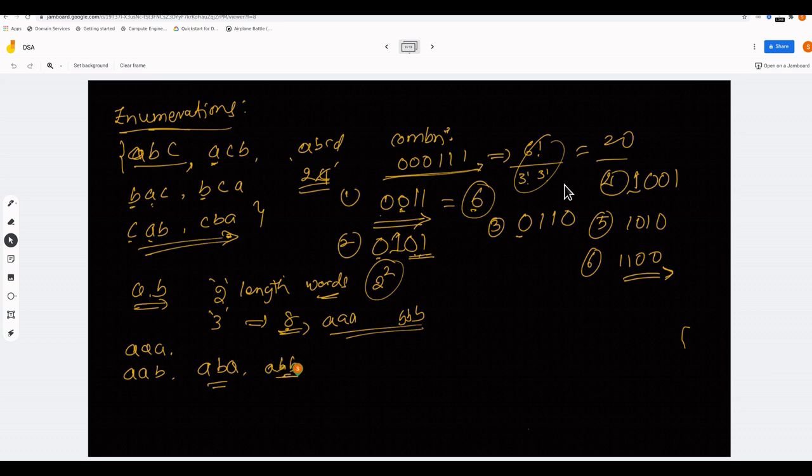Since these two terms have already become BB, you have to convert the first A into B, and then again you start with minimal BAA, followed by BAB, BBA, and finally BBB. So 4 plus 3 plus 1, 8, right?